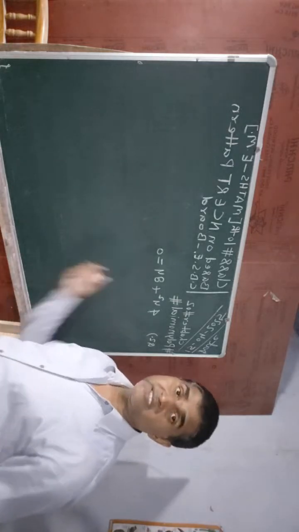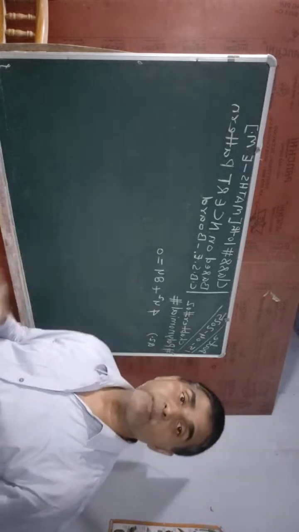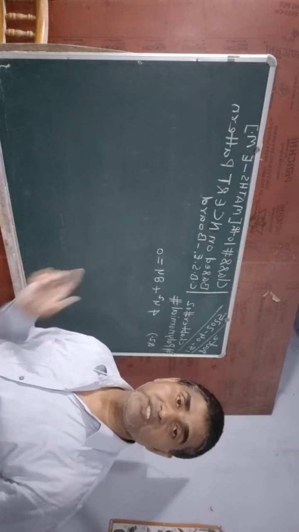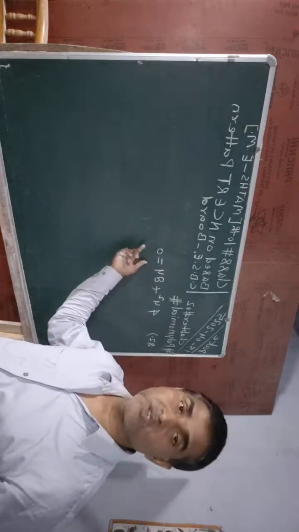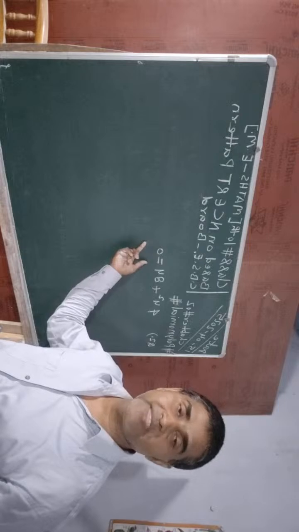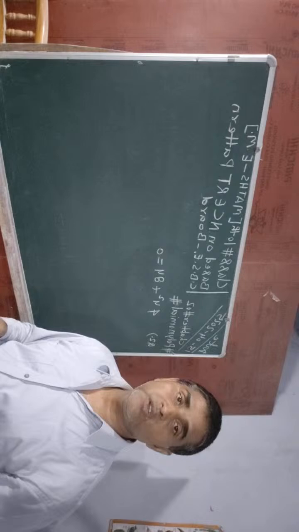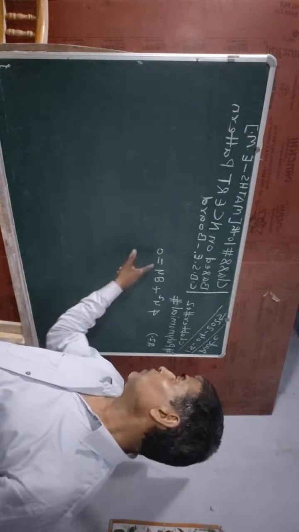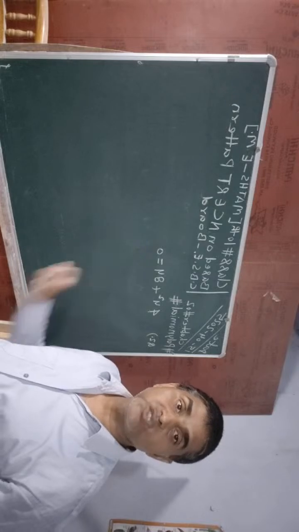Now this is a question. In this question, you have to find the zeros of this quadratic equation. Here is the equation. We have to make its polynomial, and then we will get its zeros value. After getting its zeros value, you have to verify the zeros value and its coefficient.